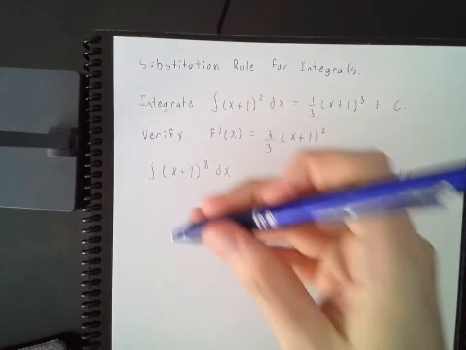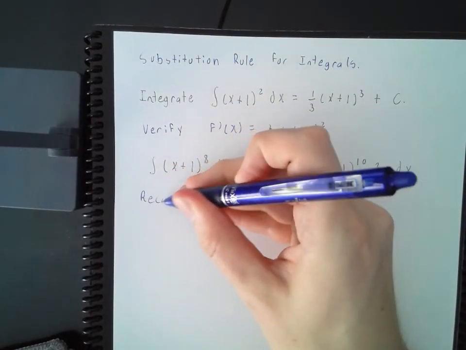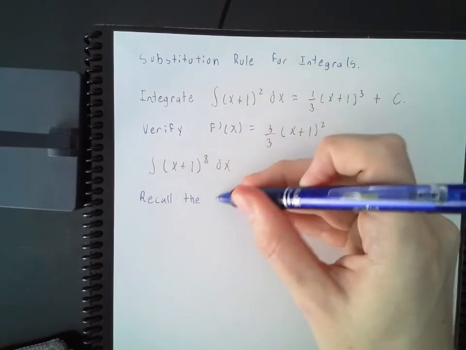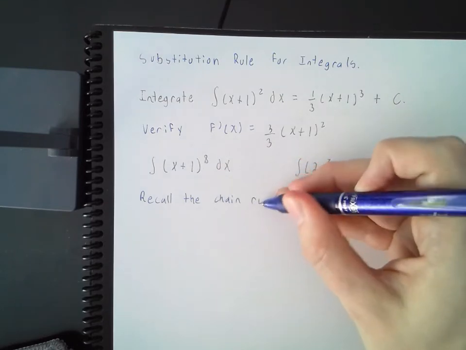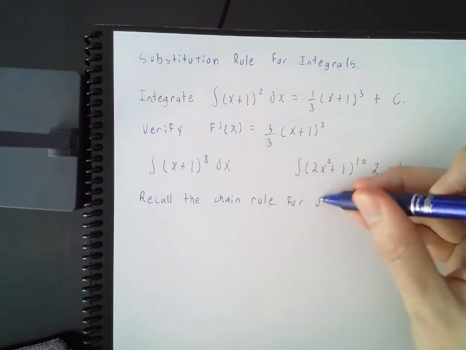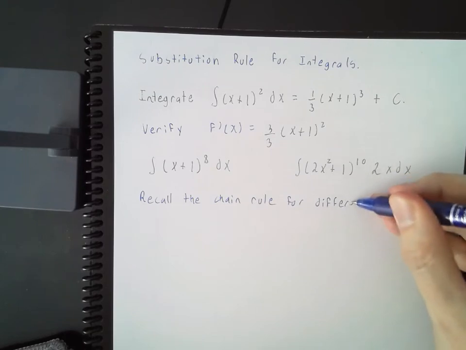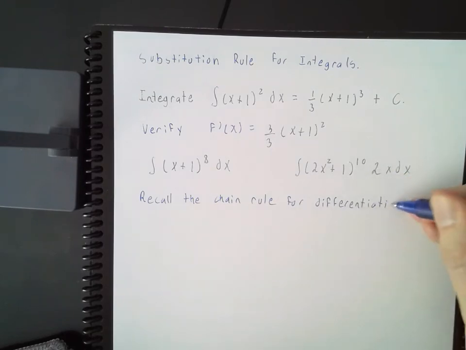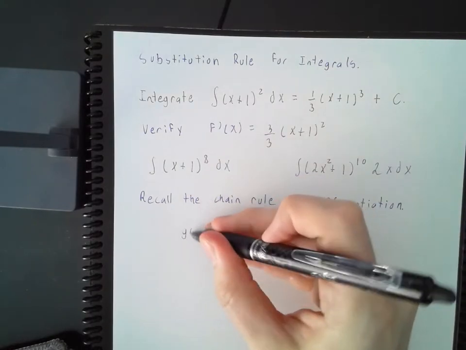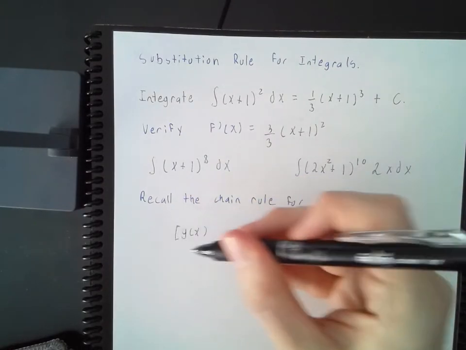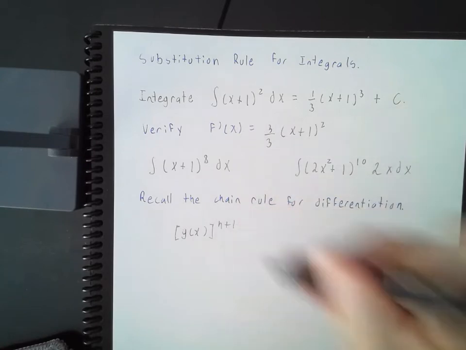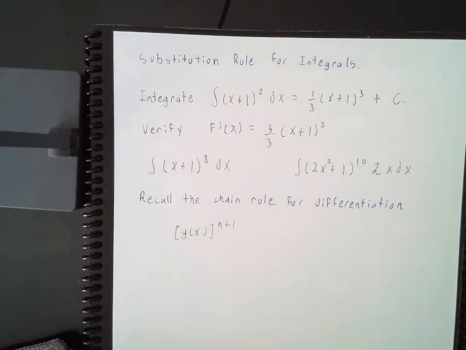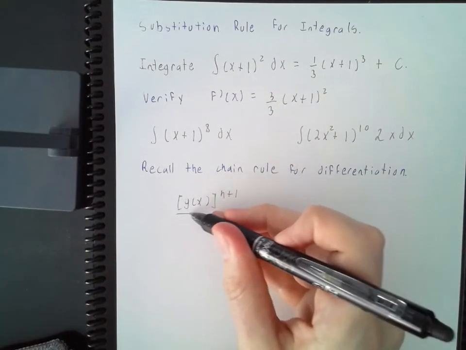What we can do is we can recall the chain rule for differentiation. So right now I want to find the derivative of g of x to the n plus 1. I am just using a power of n plus 1, so we get a much simpler derivative.